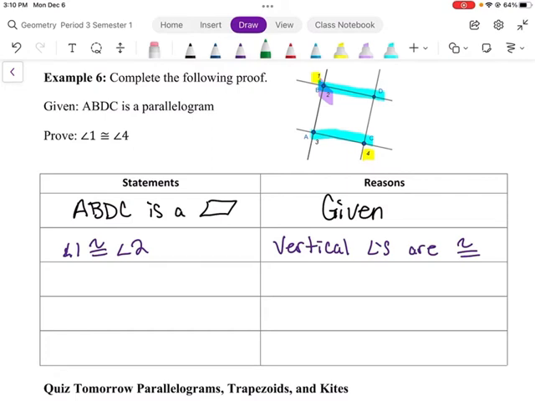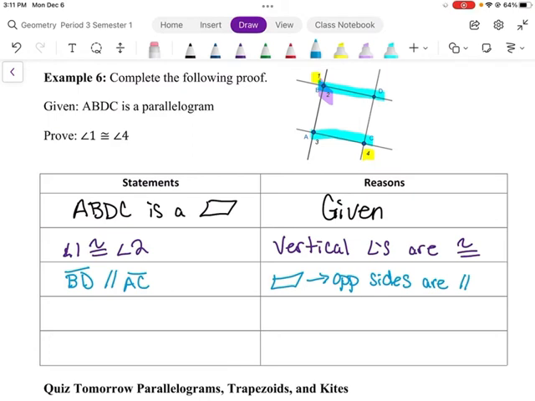So let's go ahead and we'll say that BD is parallel to AC. And we would start with the parallelogram implies opposite sides are, sorry, are parallel.